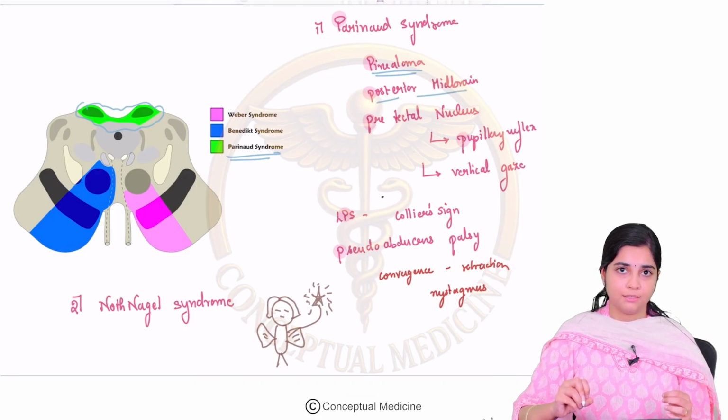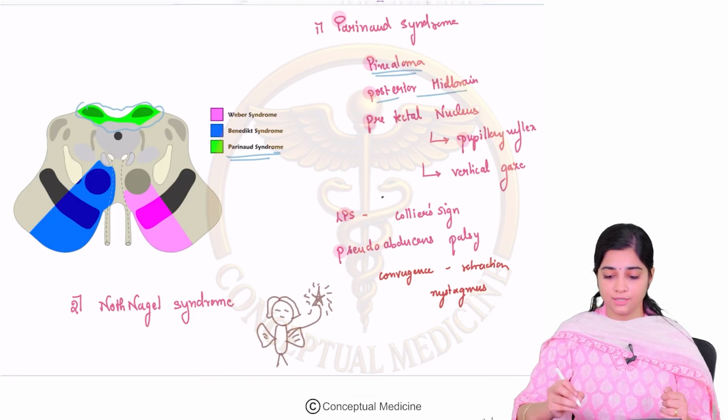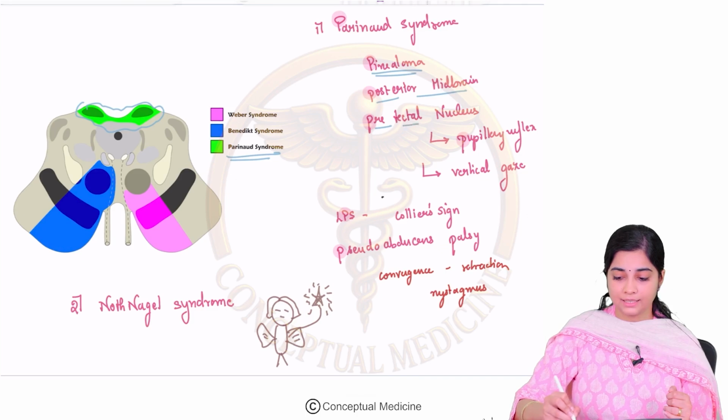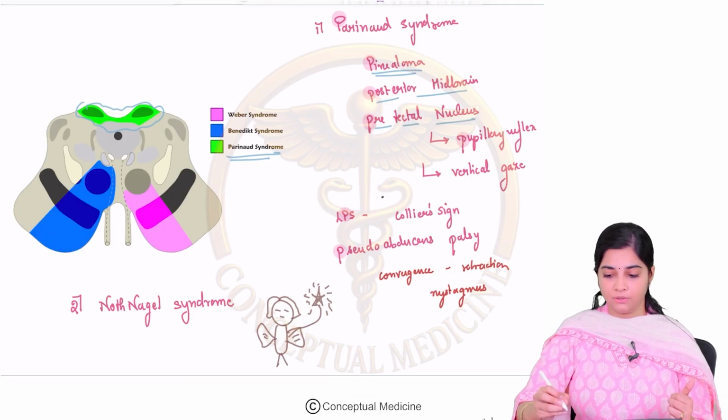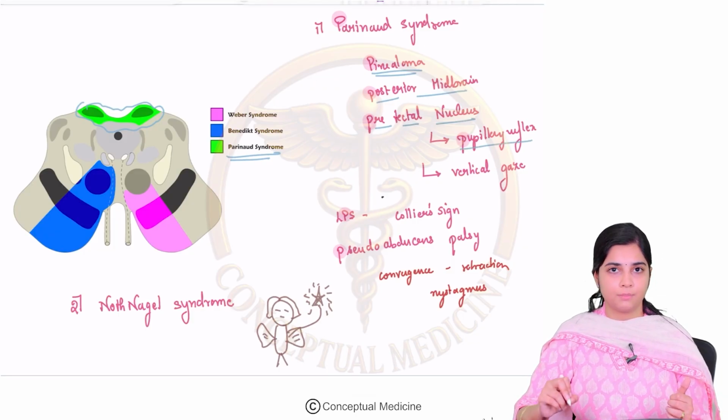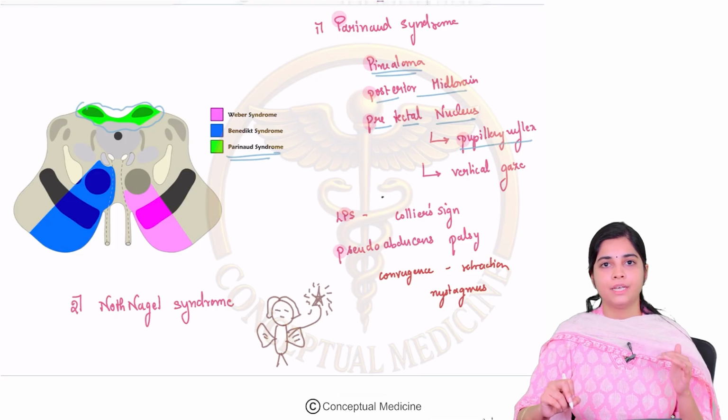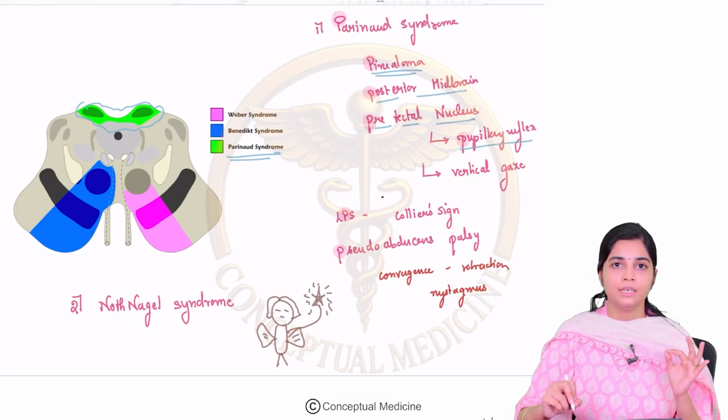Now in your posterior midbrain, a very important structure that is present is your pretectal nucleus. We know that in your light reflex pathway, or your pupillary reflex pathway, which is your third and fourth P, the pretectal nucleus is where the light reflex goes and relays.